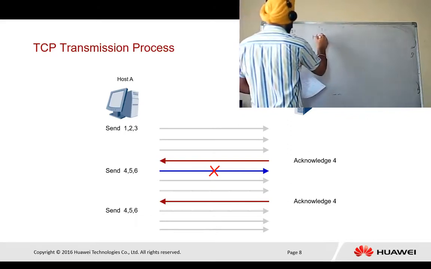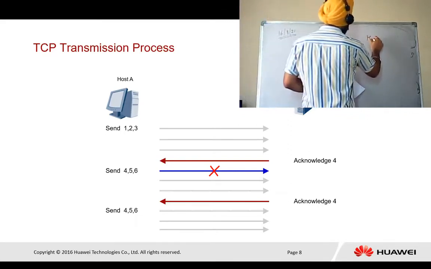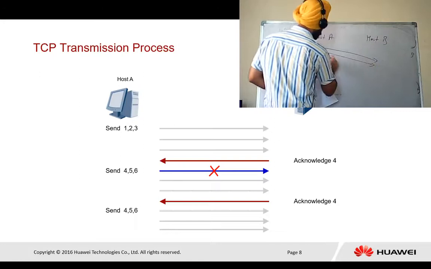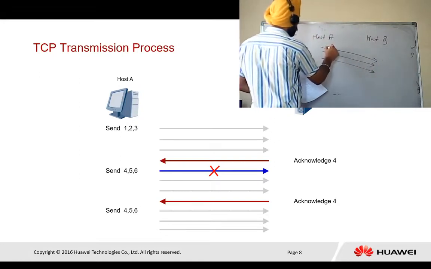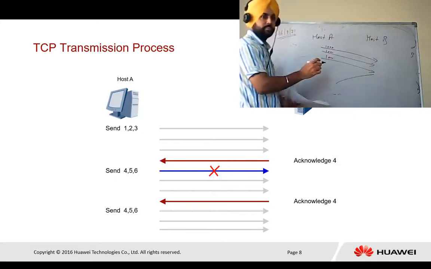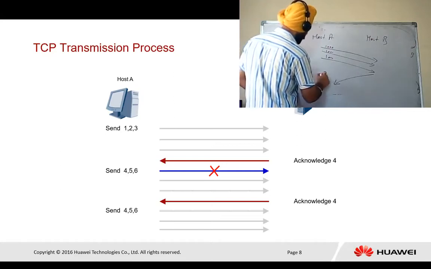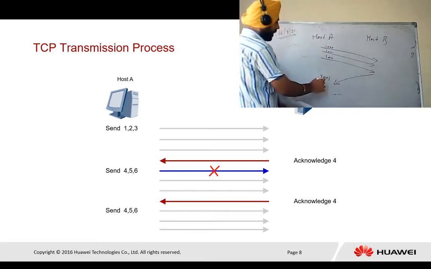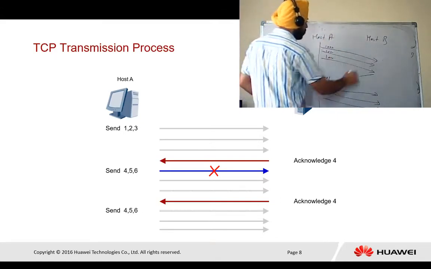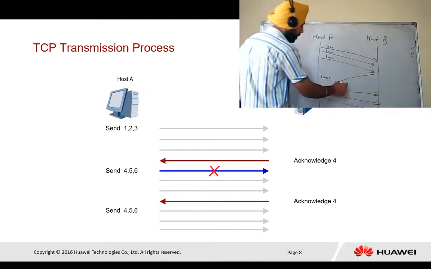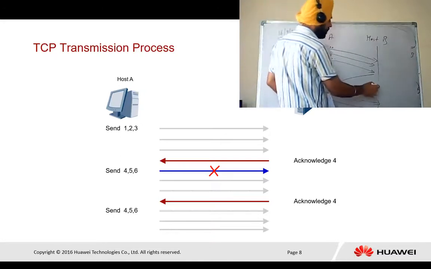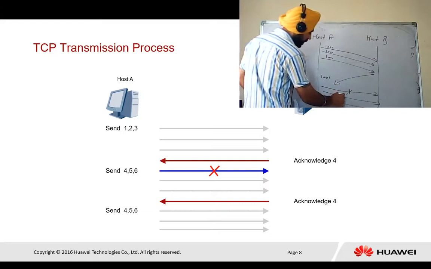Suppose we have host A here, host B here. It will send 3 packets. Suppose the sequence number is 1000, and it will reply back with acknowledgement number 3001. Again, it will send 3 packets. This is host A, suppose this is host B, and 1 packet is lost. Then they will not send a positive acknowledgement for the others.